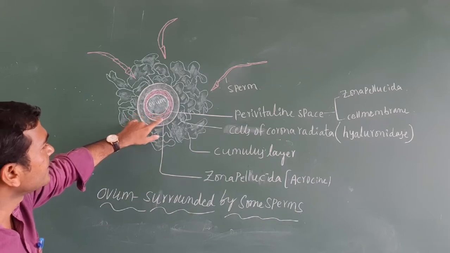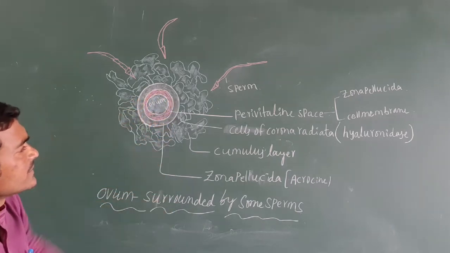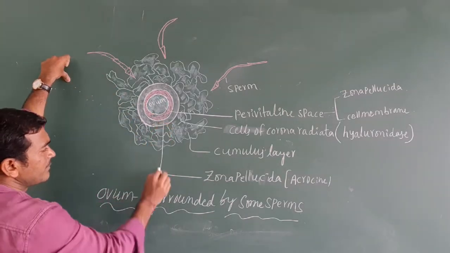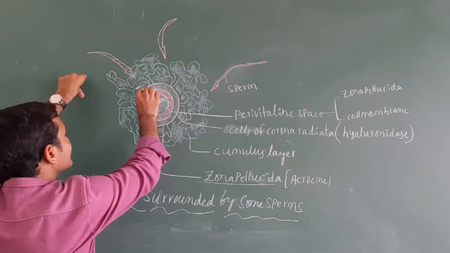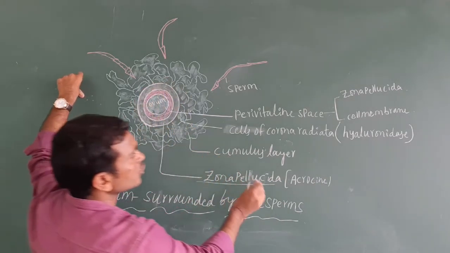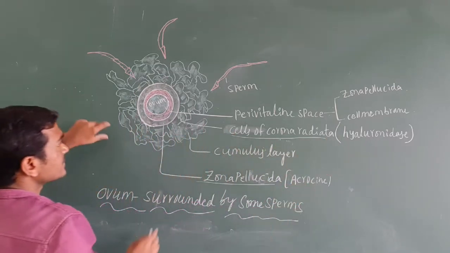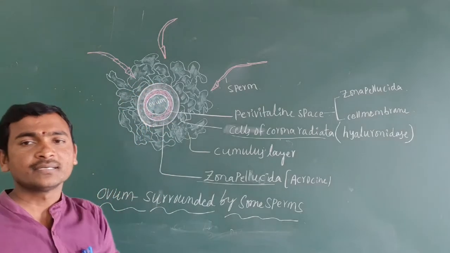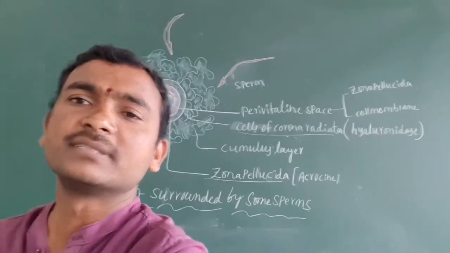Next is the zona pellucida membrane, then the cells of the corona radiata, and last, the cumulus layer. We will now discuss the mechanism of entry of the sperm clearly.